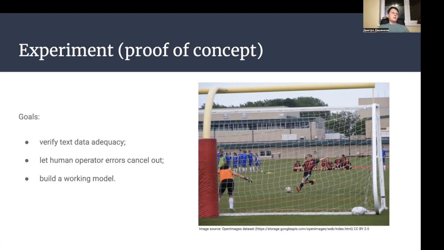With this in mind, we would like to cancel out some of the human operator errors that we talked about earlier. Basically, this whole exercise is done to verify that the data is quite adequate and that we can rely on it better than just the labels from the source dataset, which would be Open Images.